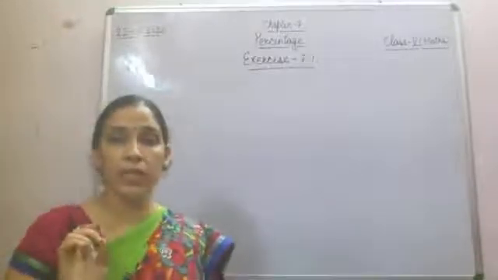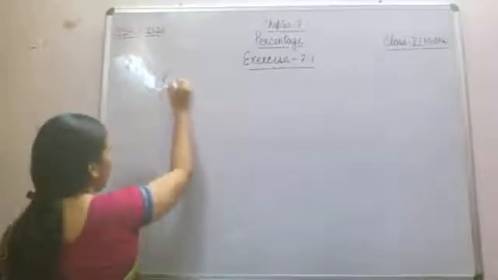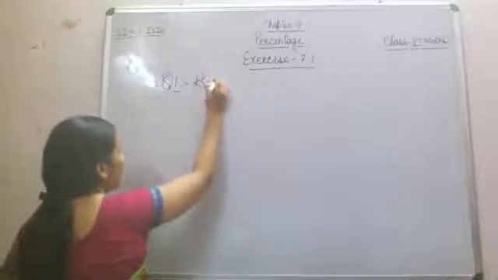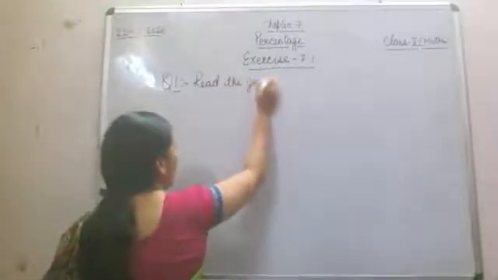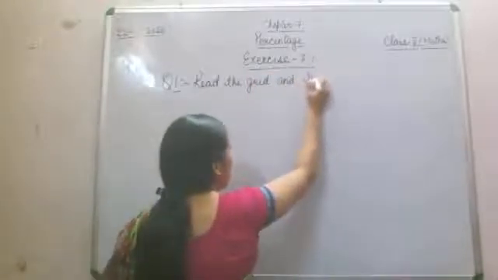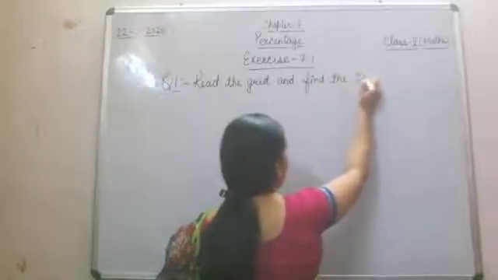So children, in this exercise 7.1, the first question is: read the grid and find the percentage.